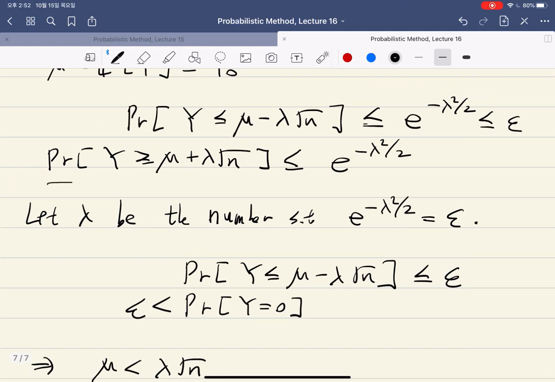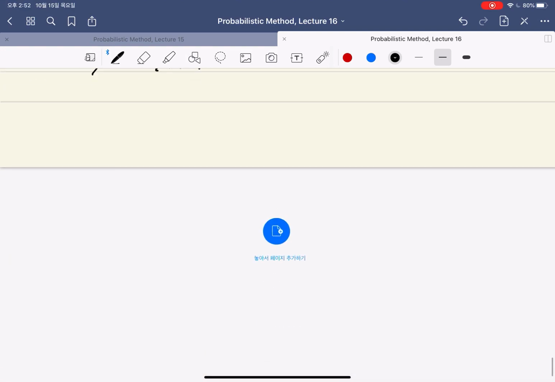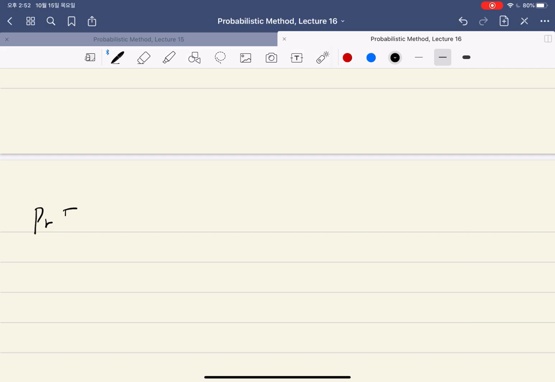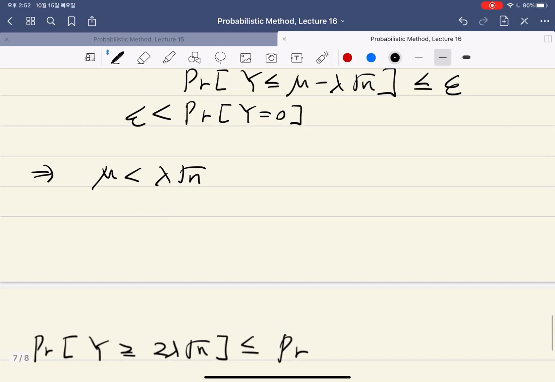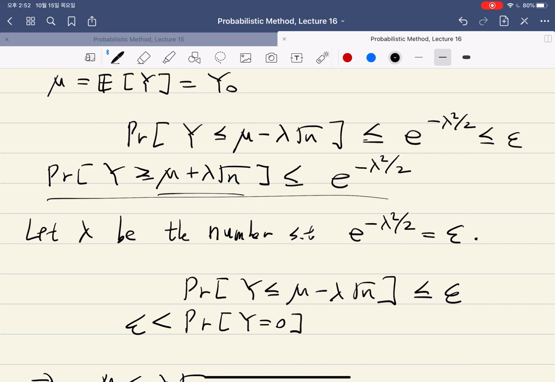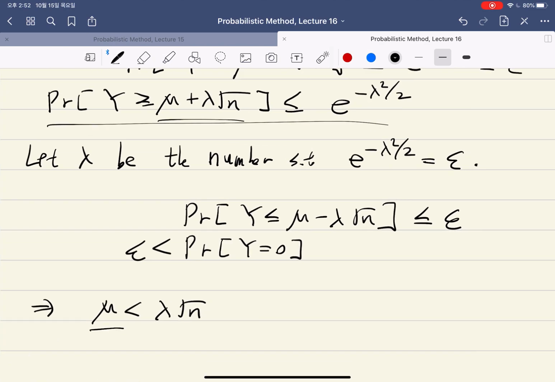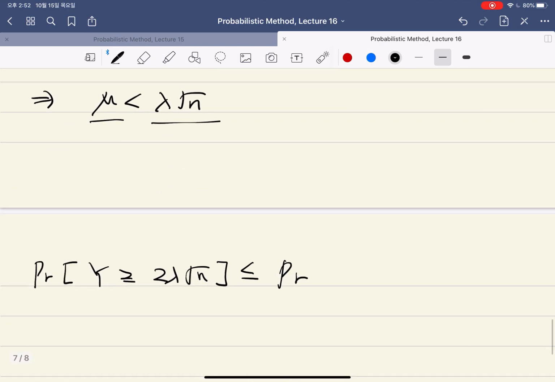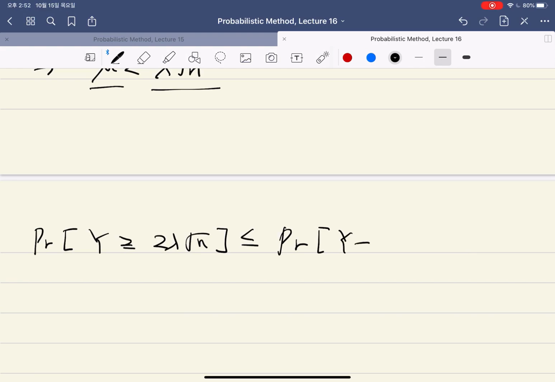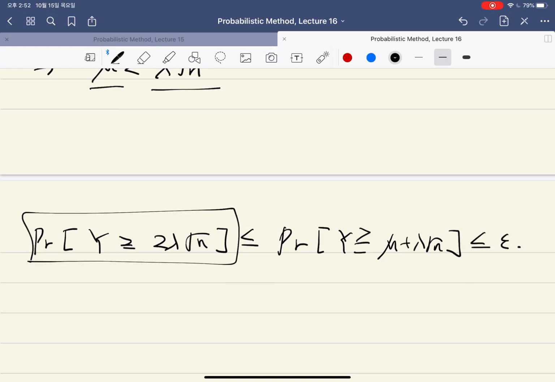Then what does the second inequality become? The probability that Y is bigger than 2 lambda square root of n is actually smaller, because mu is smaller than this, so this has a smaller probability than the probability that Y is bigger than mu plus lambda square root of n, which is epsilon. So this happens very rarely.